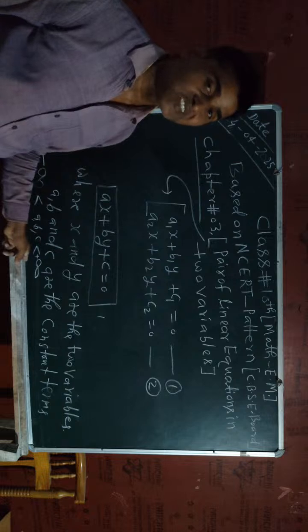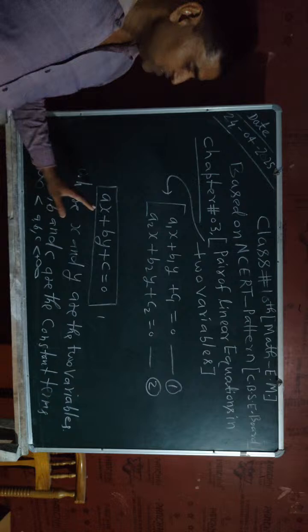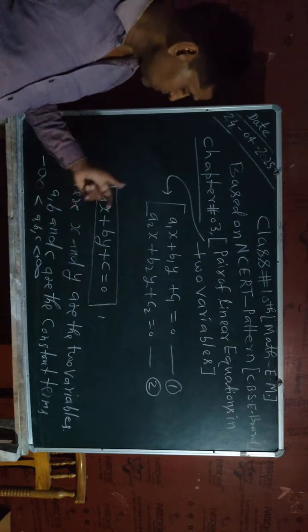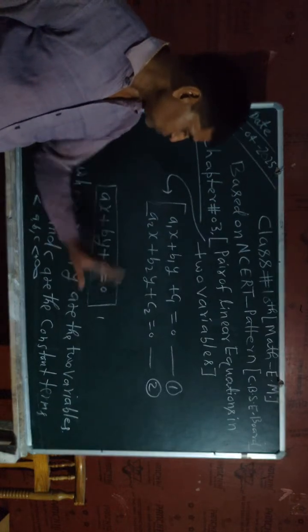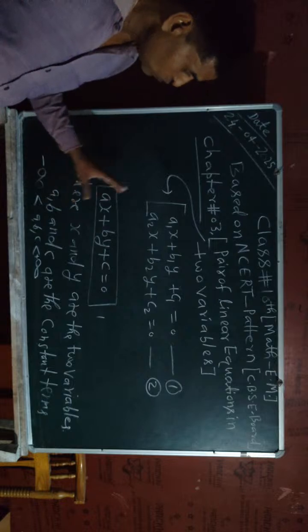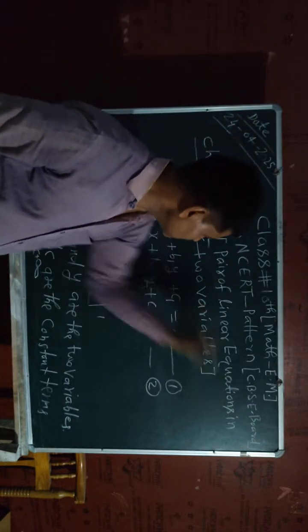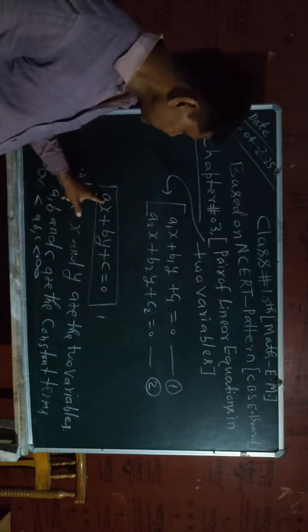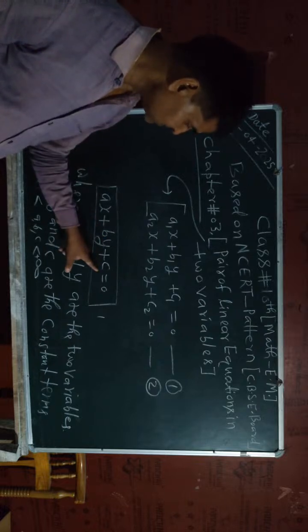Okay students, so this is very very important. Each and every student has to know: if a student has to write any general linear equation, they must write ax plus by plus c equals 0. Okay student, so now we have to make a pair of linear equations in two variables. In the place of a I put a1, in the place of b, b1, in the place of c, c1.